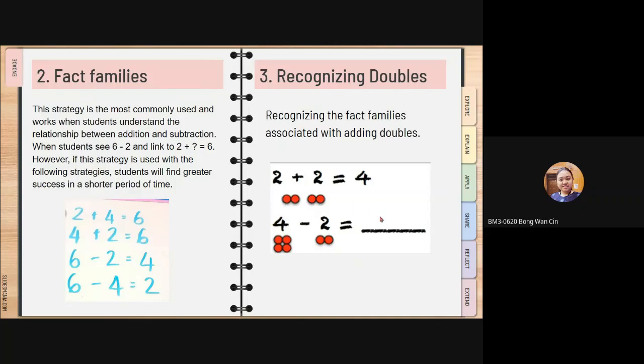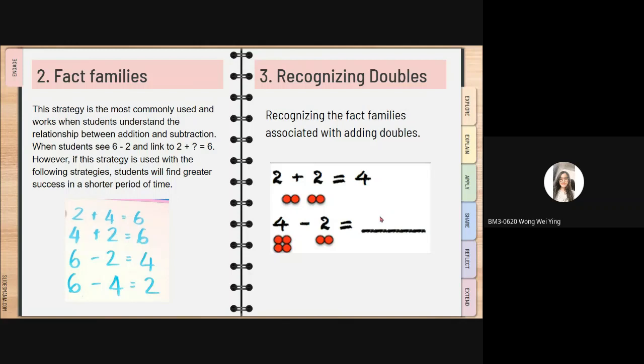Okay, next. The second strategy is fact families. This strategy is the most commonly used and works when students understand the relationship between addition and subtraction.